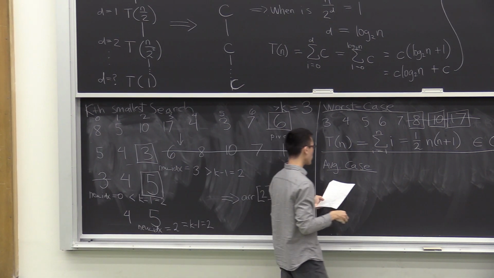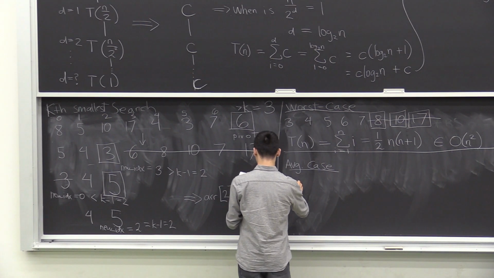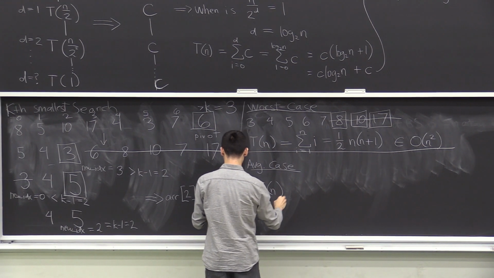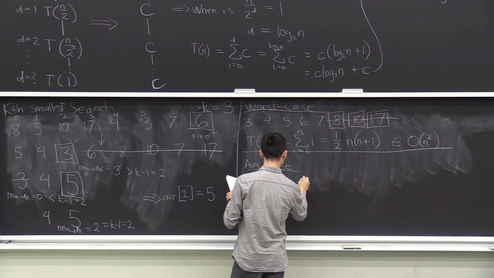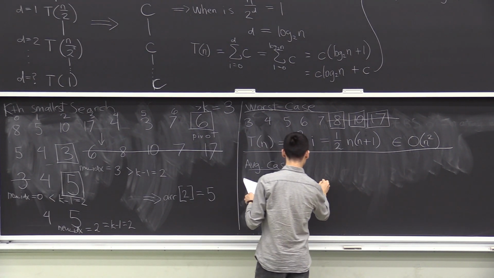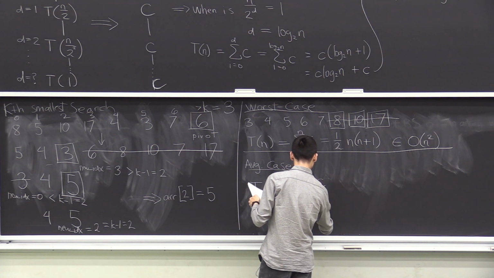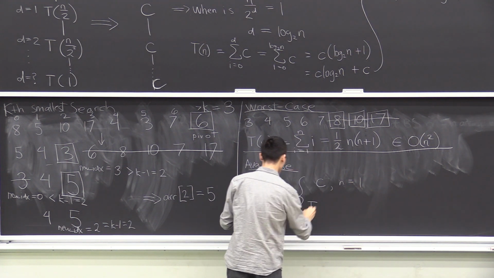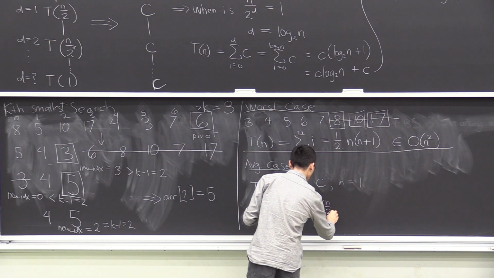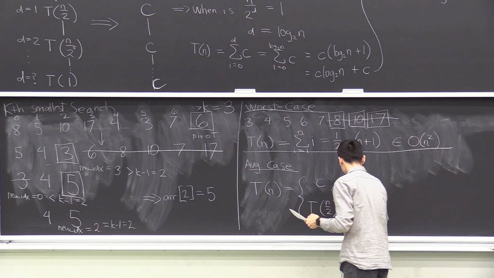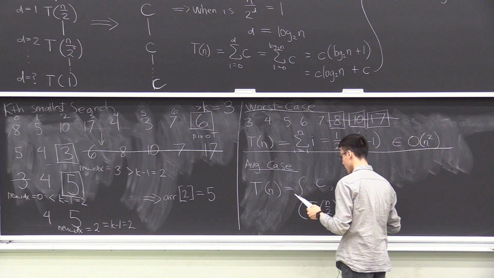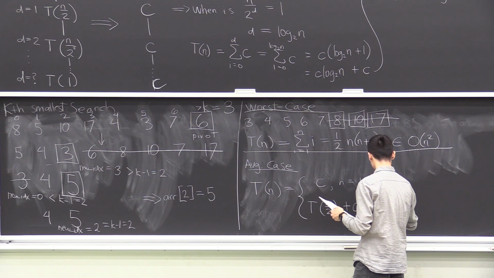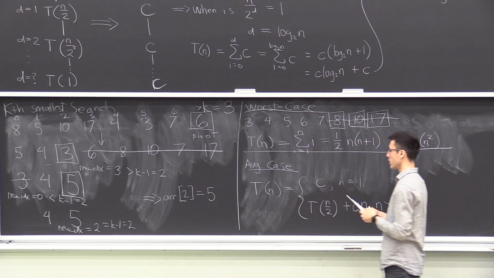So the recurrence relation of that would look something like T of n would be C if n is equal to 1, and T of n over 2 plus some constant times Cn if n is larger than 1.